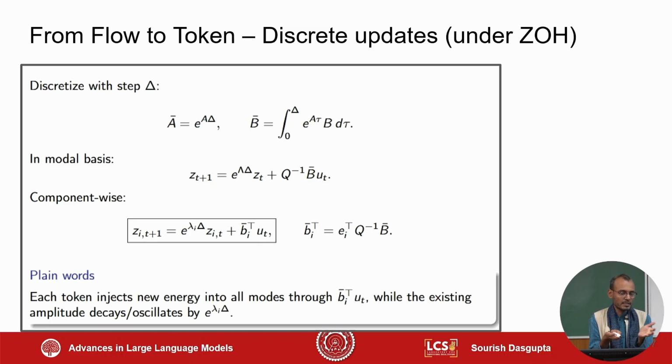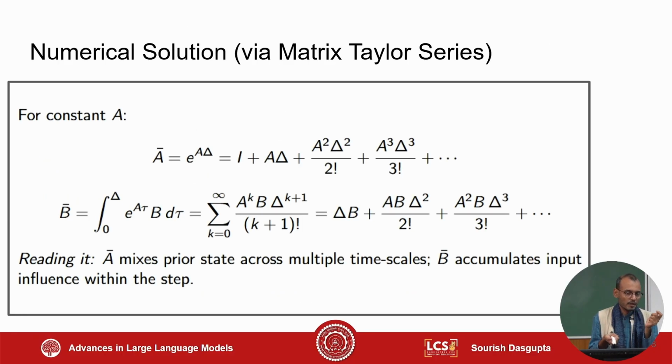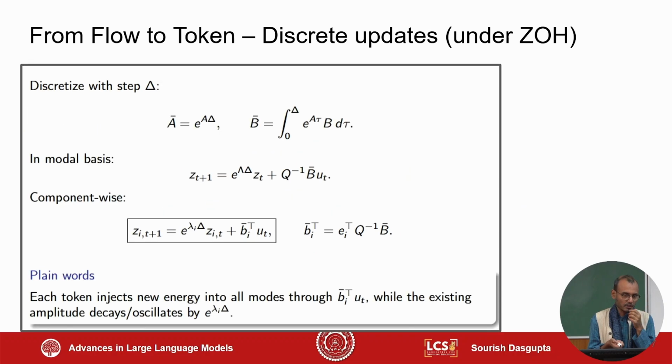What that z form becomes is z_{t+1} = e^(ΛΔ) z_t + Q⁻¹ B̄ u_t, where Λ is the diagonal matrix after the eigen decomposition. That's what happens for a particular aspect or mode, component wise. Okay, so now if you have to have a numerical solution of this, how would you solve it?